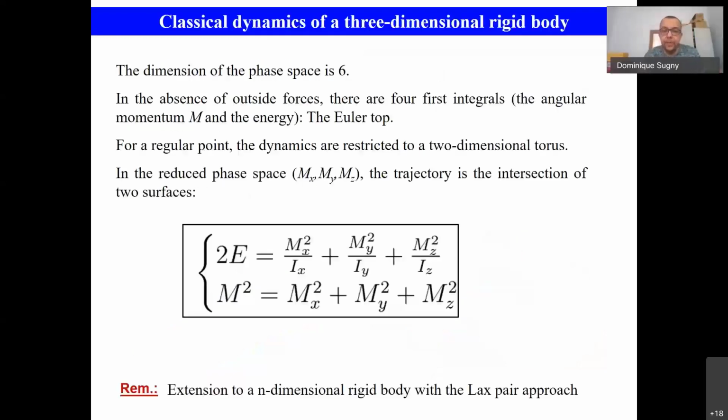And another idea that we use is the fact that we can use a reduced phase space to describe this motion, and this reduced phase space is given by mx, my, and mz, the coordinates of the angular momentum in the body fixed frame.